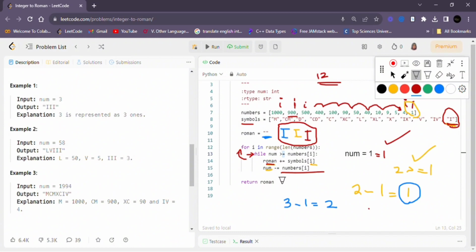Again it subtracts, so num is 0. Now it will jump to the return statement and return the Roman.